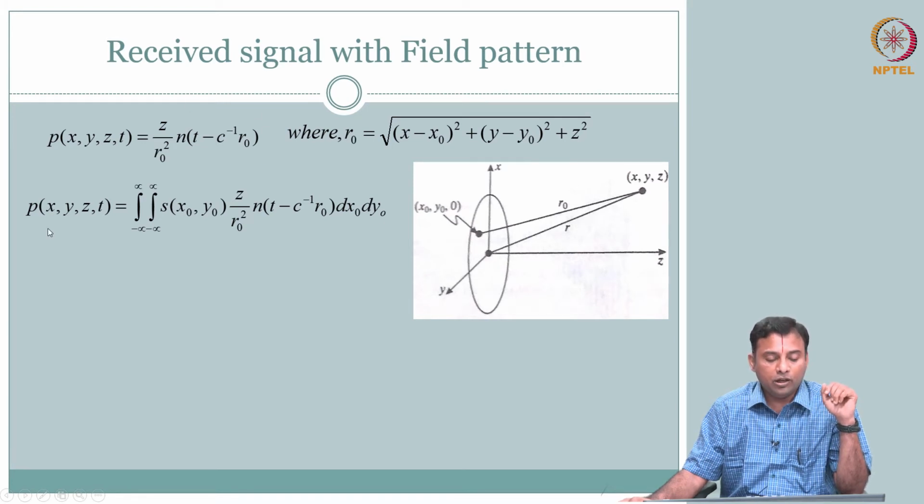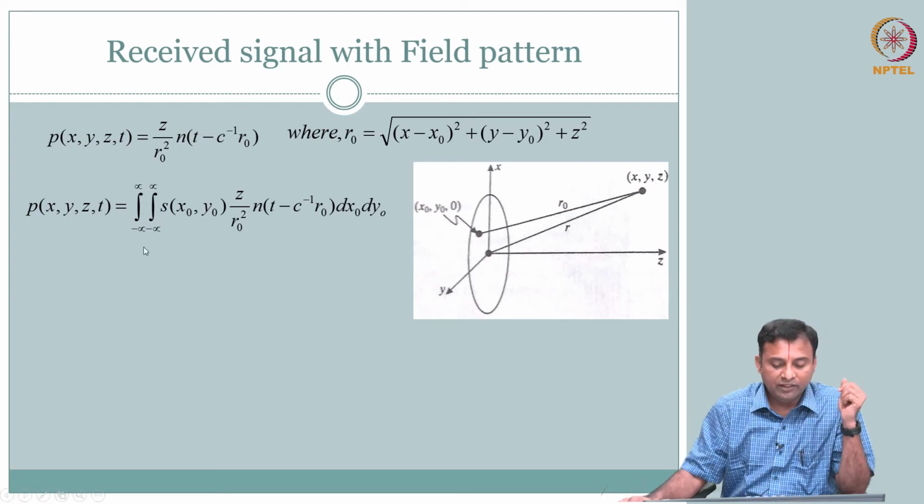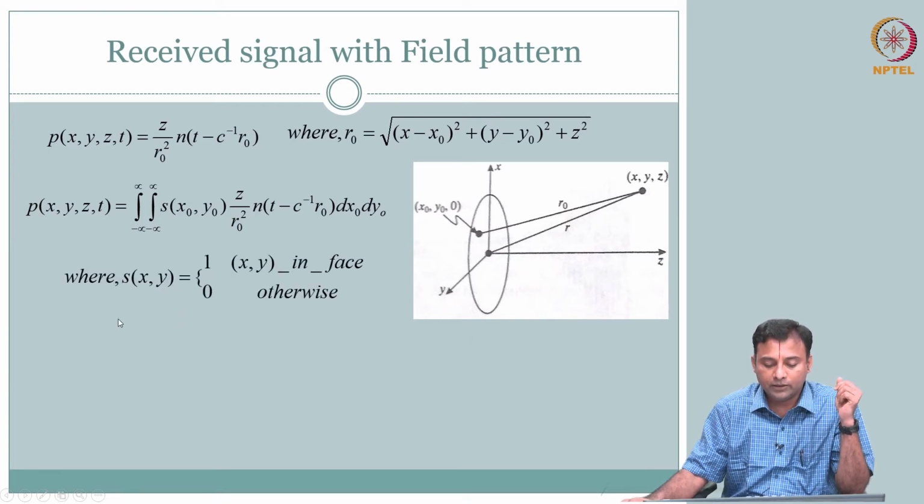We could then talk about P of X, Y, Z, T from all the points, because you are exciting the whole surface, right. So, if that is done, it is a net sum from all of the S of x comma y naught, which is your transducer, right. So, we talked about size and shape. So, we are just leaving it here as the transducer function.